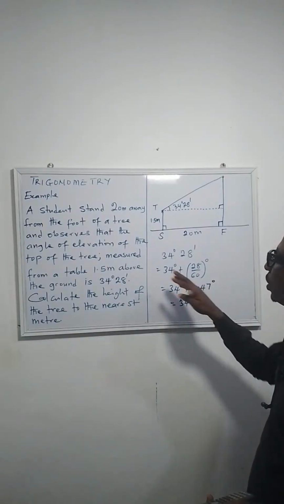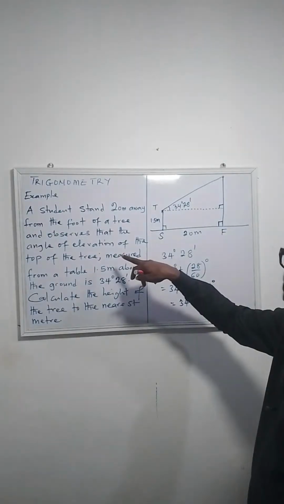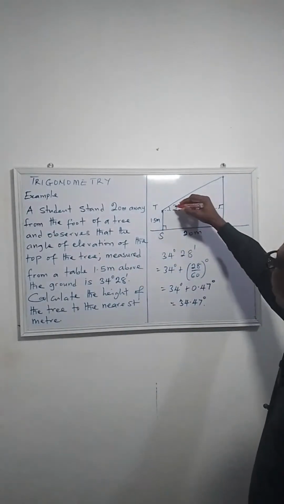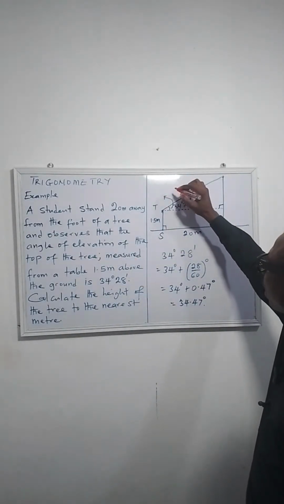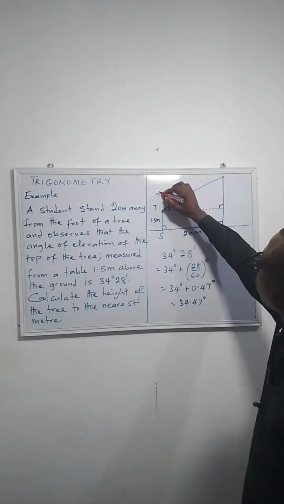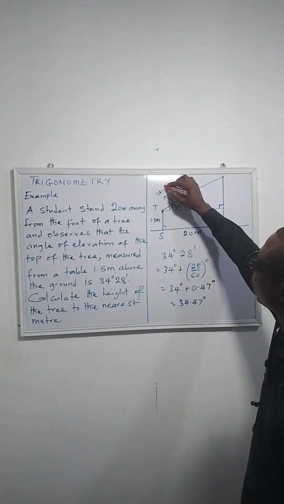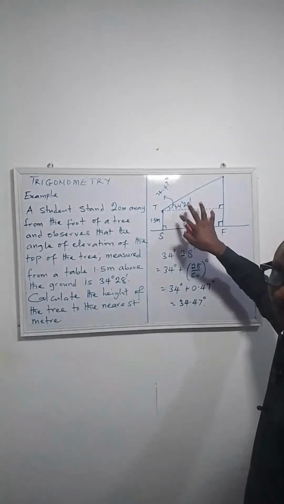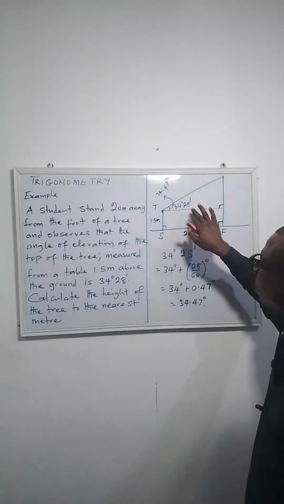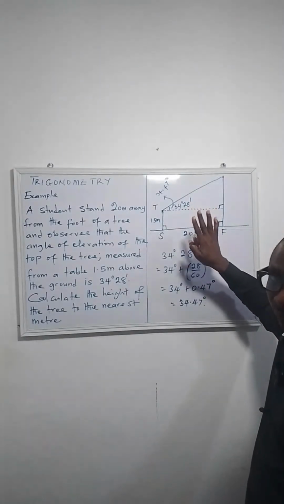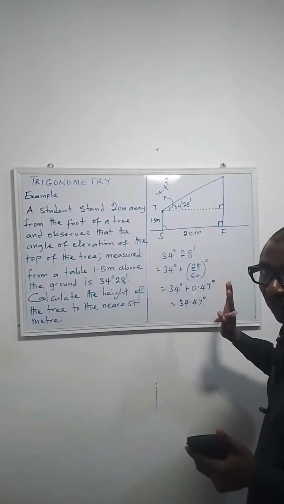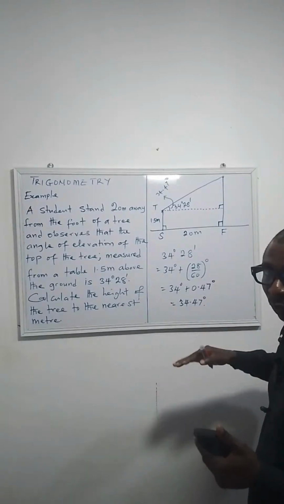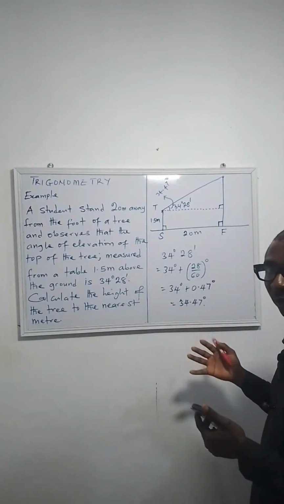That is going to be the angle of elevation here. So that's the angle, equivalent to 34 degrees 28 minutes. I want to believe every one of you understands that. So you can convert minutes to degrees.